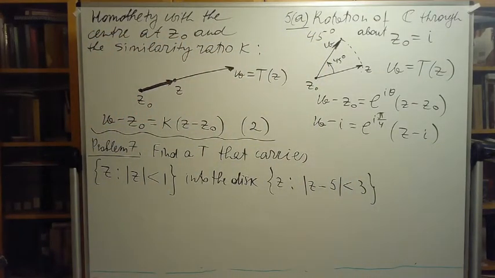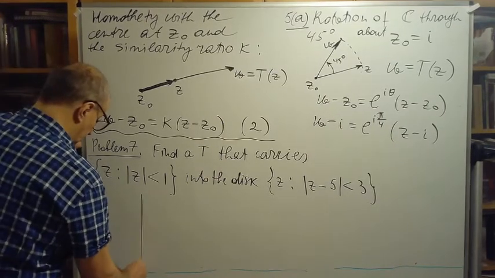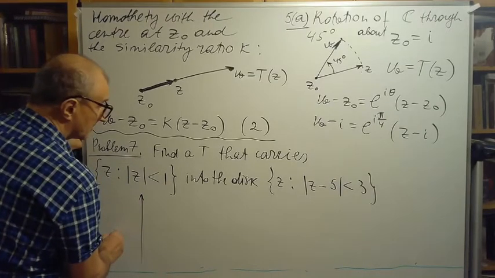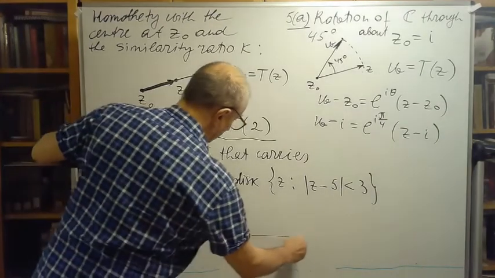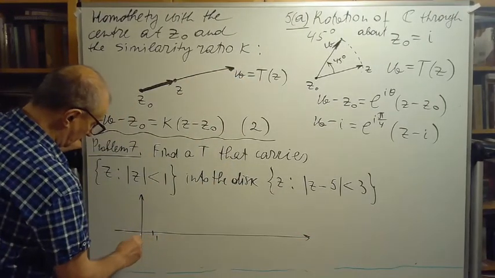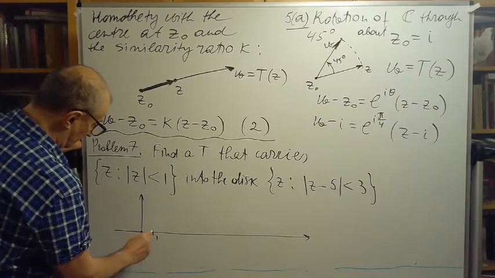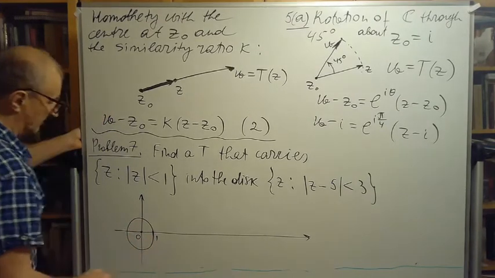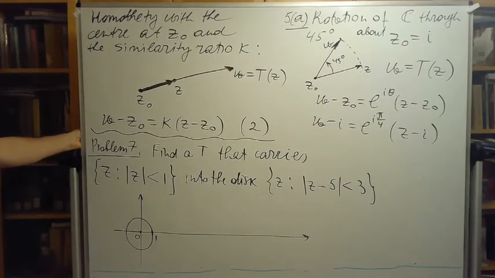So what shall we do? There was a disk about the origin of radius 1. Suppose this is 1, this is the origin. You don't even have to draw this picture, I just draw it for illustration.